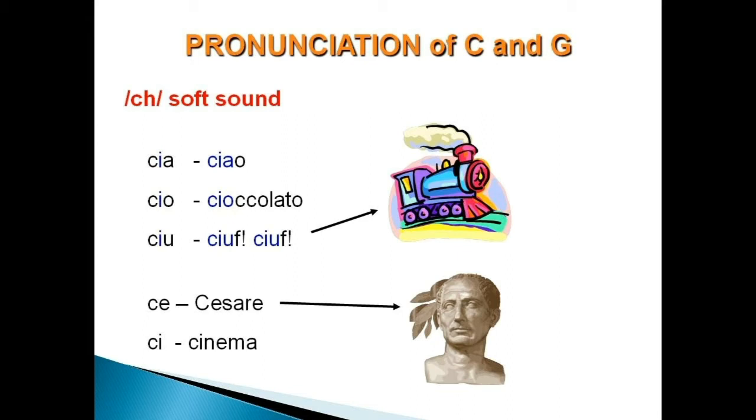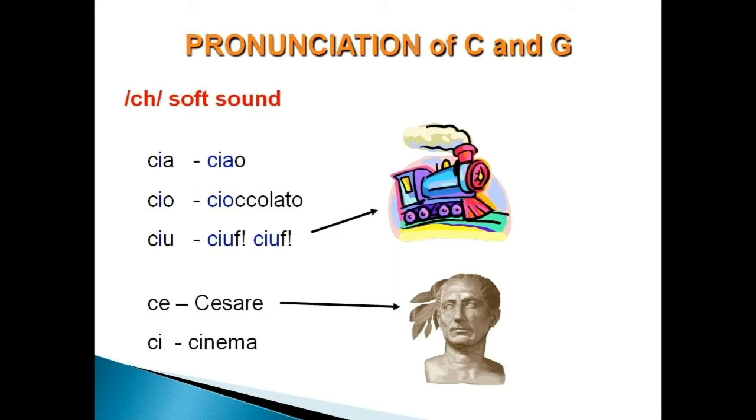As you can see, we have an I between the CA, the CO, and the CU. The I is silent. It's just a marker that tells us that we need to read a soft sound. So instead of ka, ko, ku, we need to read cha, cho, chu. And pay attention, it's not ci-ao or ci-occolato, but ciao, cha, ciao, cho, cioccolato.